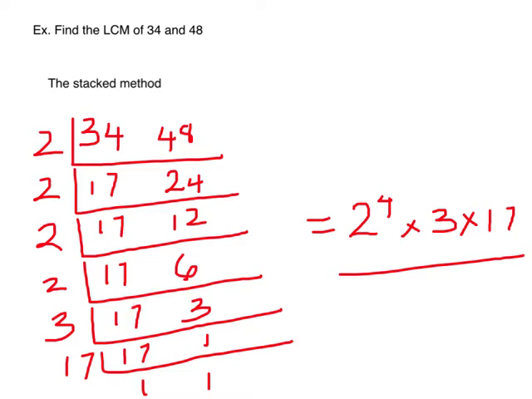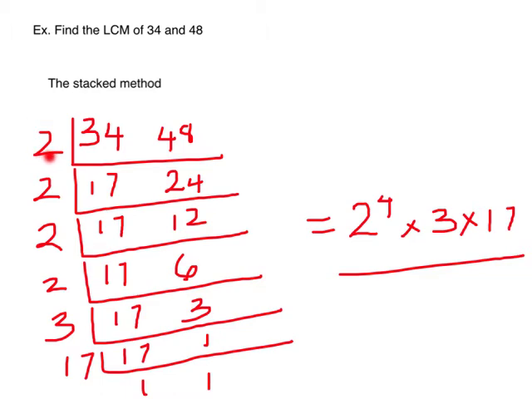Now 3 divided by 3, we get 1, but still 3 cannot divide 17. We bring 17 there, and now the last factor is going to be 17, so we get 1 there and just a 1 there. I like to have 1s at the end.